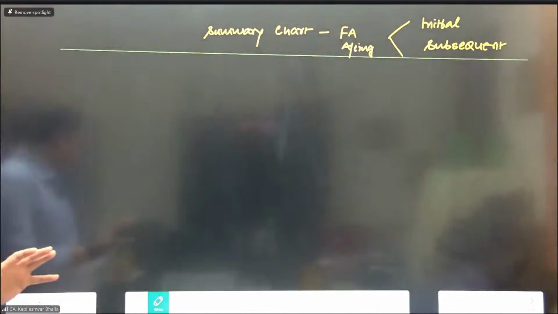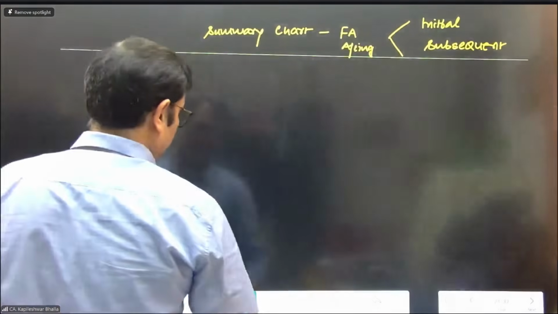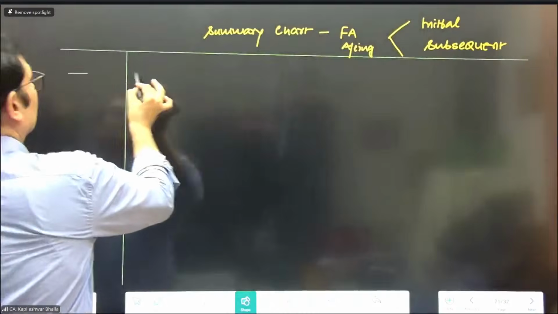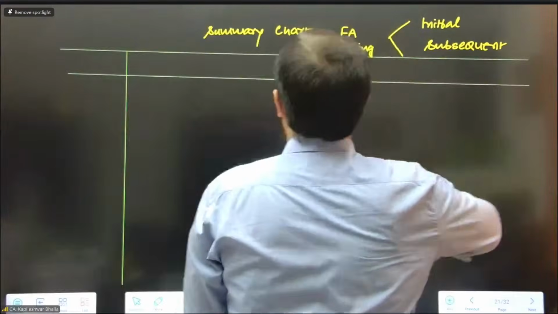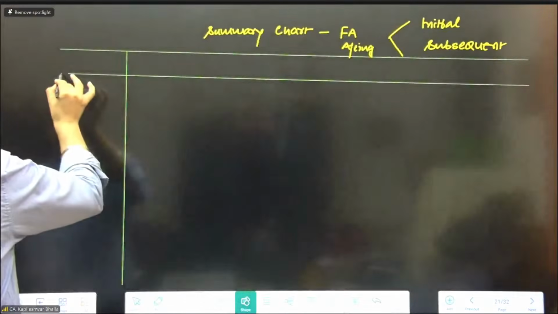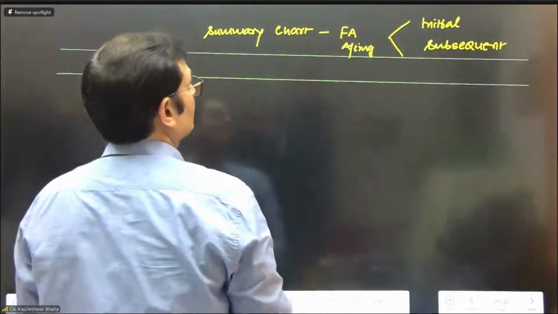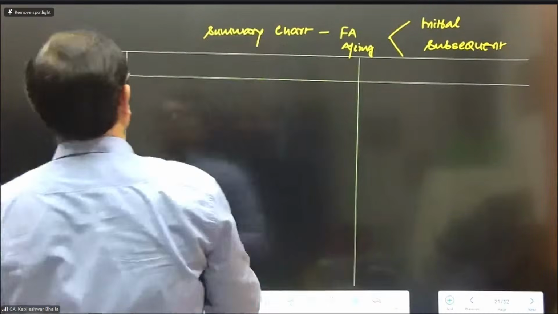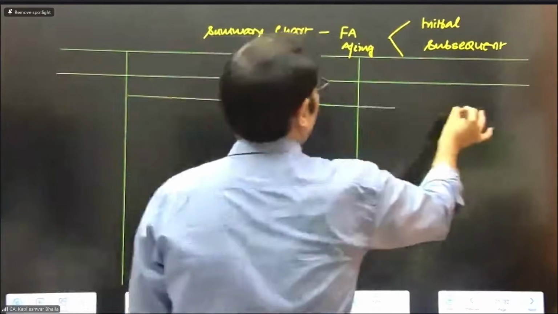Now, the first thing I'm going to do in this particular chart is split it into a lot of columns. Broadly, first of all, I want to segregate this in terms of debt and equity investments. Then I'll further segregate them.